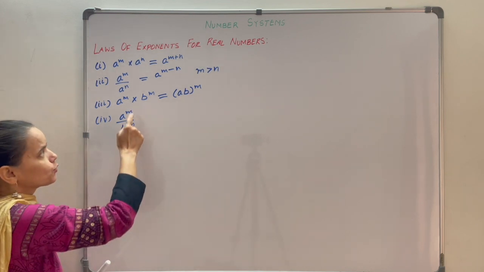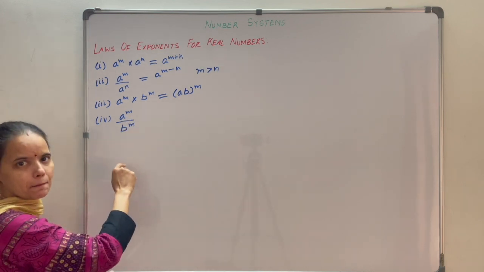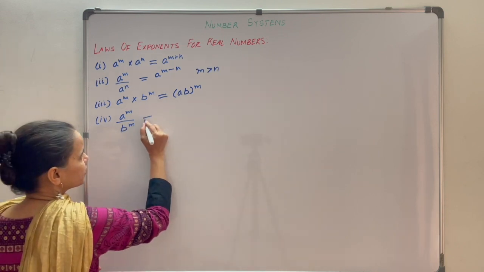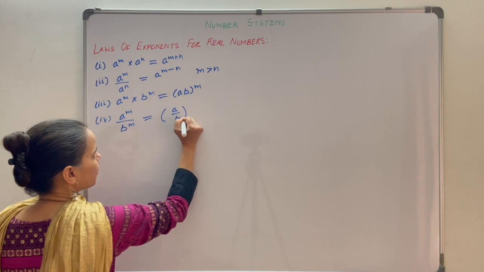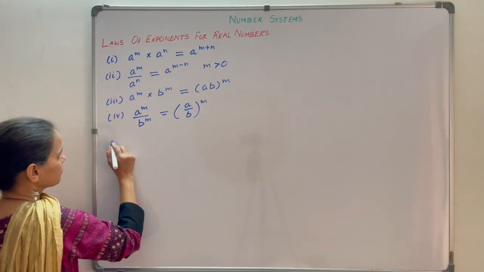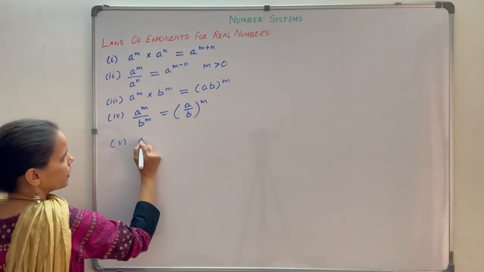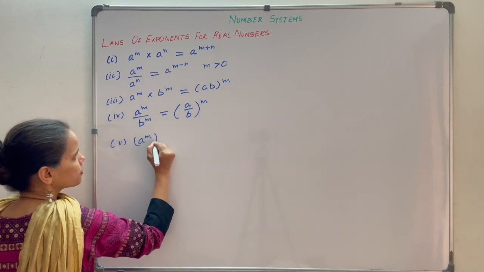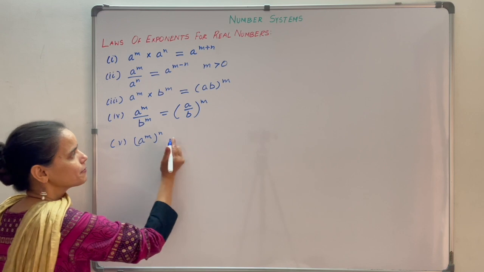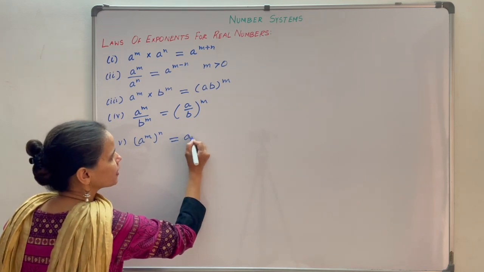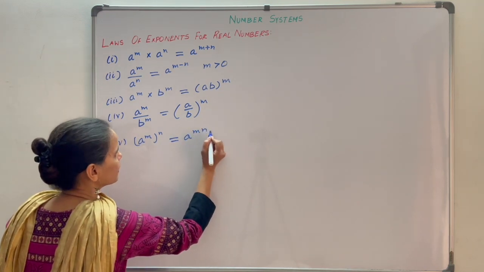So here the two numbers have different bases. So we can rewrite this as a by b whole raised power m. Then we have a raised power m whole raised power n. So what will happen to the powers? We will multiply them. So here you have a raised power m into n.